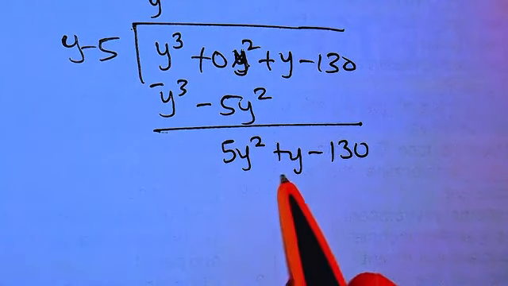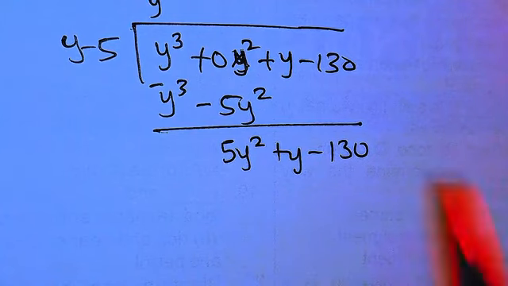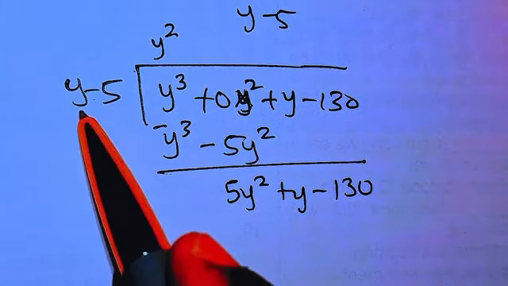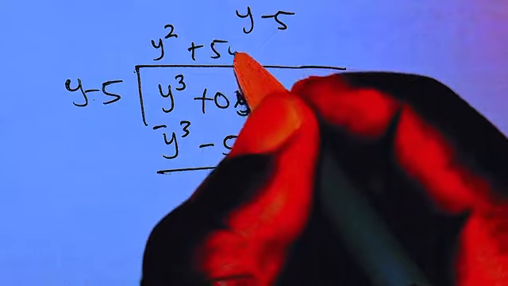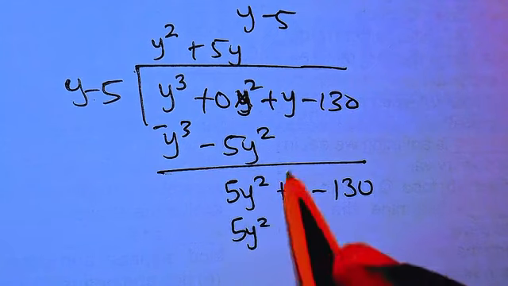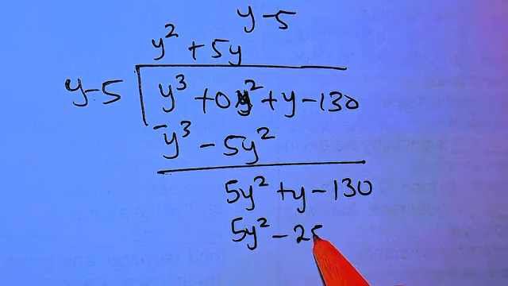Then here we have 5 here, y here, so we're going to have plus 5y, okay? Then 5y times 5y, we're going to have 5y squared, 5y times this is going to have minus 25y, right?